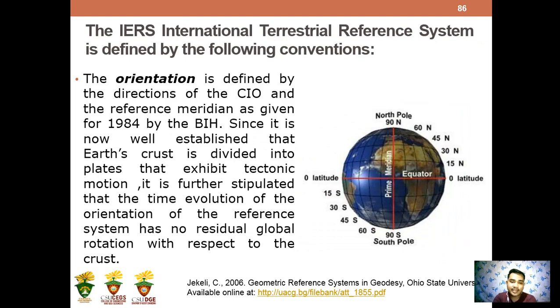Next is the orientation. Orientation is defined by the direction of the CIO and the reference meridian as given for 1984 by the BIH. Since it is now well established that the Earth's crust is divided into plates that exhibit tectonic motion, it is further stipulated that the time evolution of the orientation of the reference system has no residual global rotation with respect to the crust.